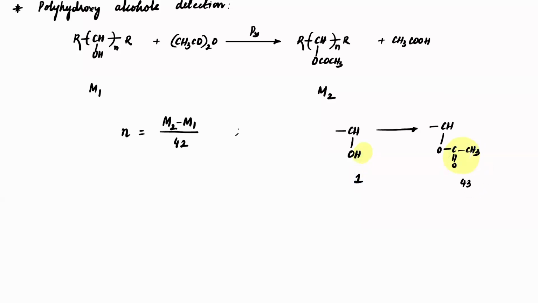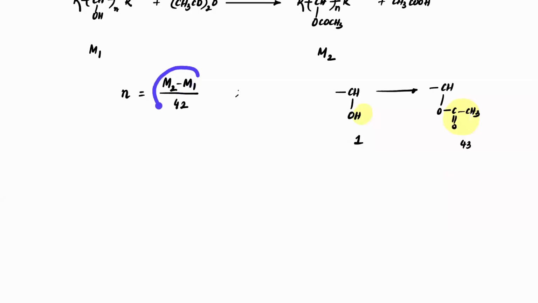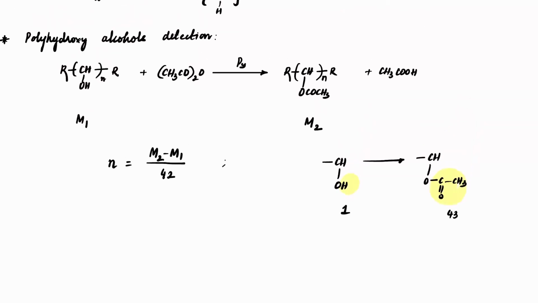The net increase in the molar mass is 42. That's the reason you can use this molar mass difference to figure out how many polyhydroxy groups are present. Typically in all carbohydrates, whether glucose, fructose, sucrose, to identify how many OH groups we have, we always use this technique.